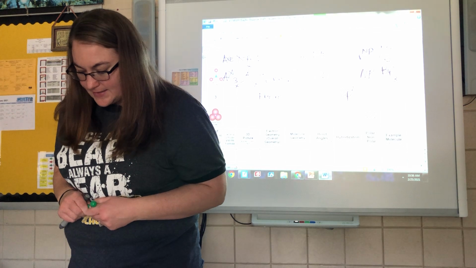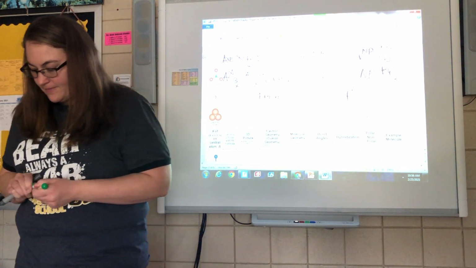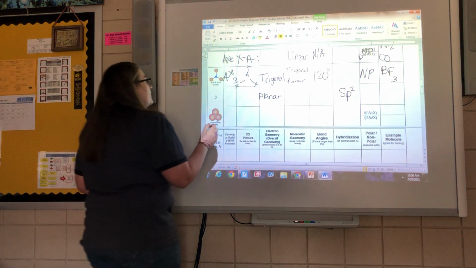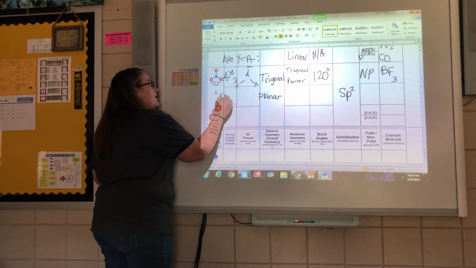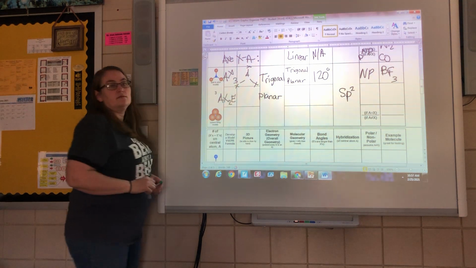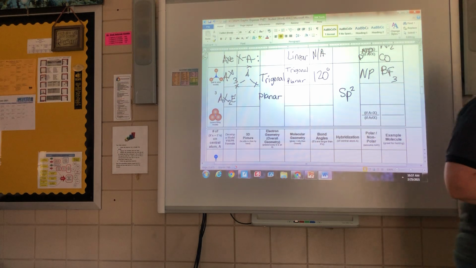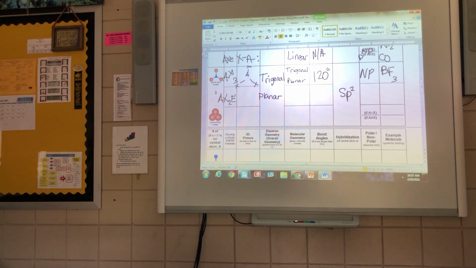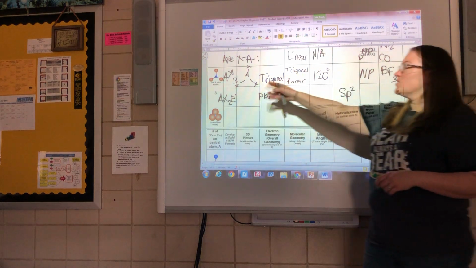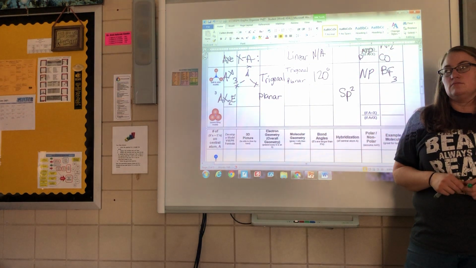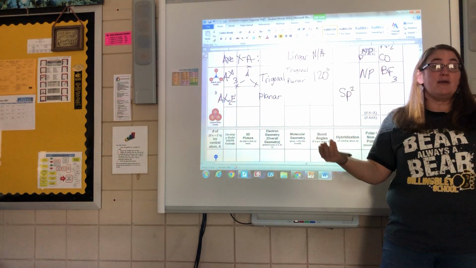Let's look and see, what if we have AX2E? Meaning we've got 2 of the X atoms connected to the A, but we've also got some spare electrons left off that didn't have to bond with anything or share with anybody.